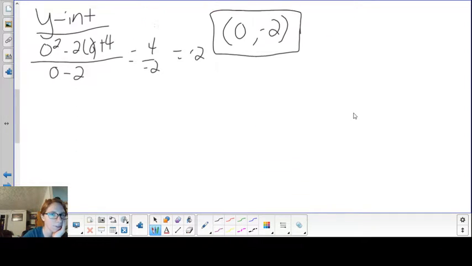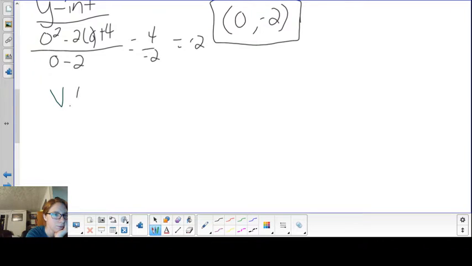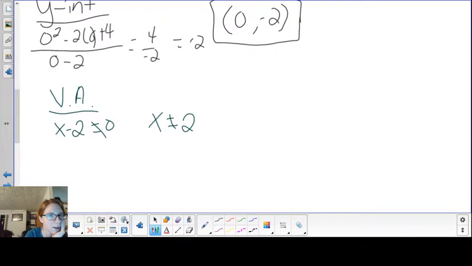Next, we have our vertical asymptotes, and those happen where the bottom is 0. So when x minus 2 equals 0, I have a vertical asymptote at the line x equals 2.